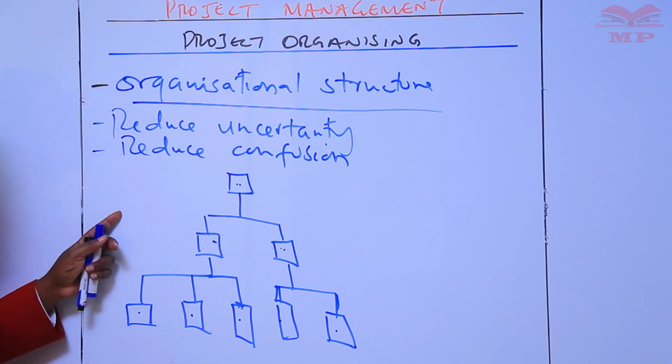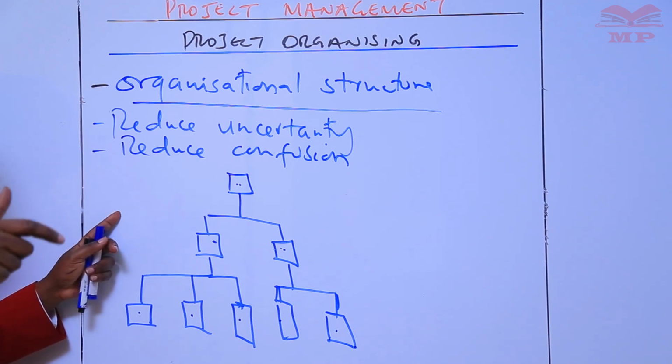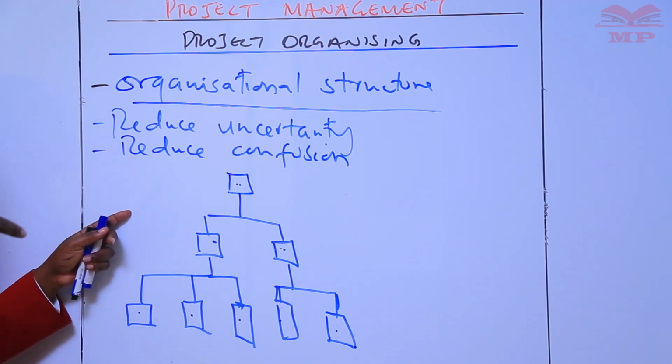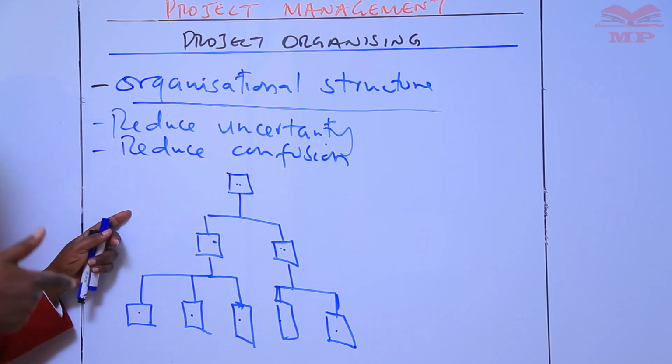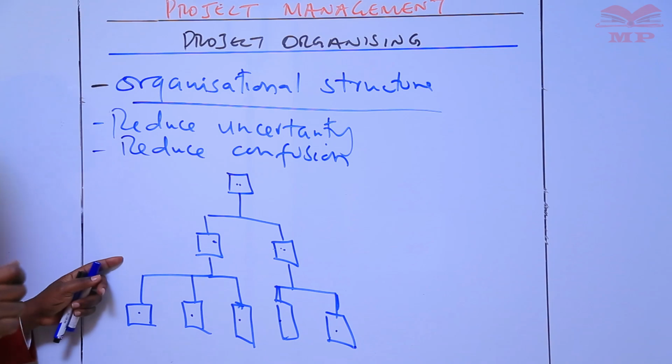So the objective of designing a project structure is to provide a formal environment that the project manager can use to influence team members to do their best in completing their assigned tasks and duties.